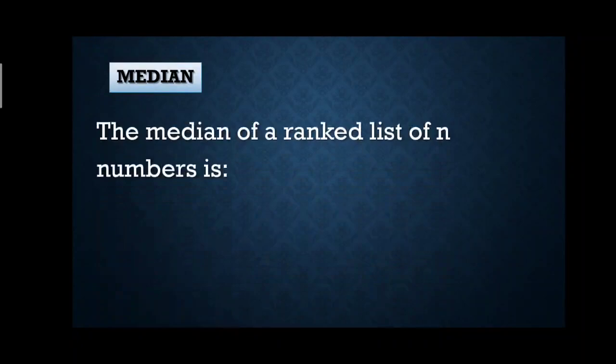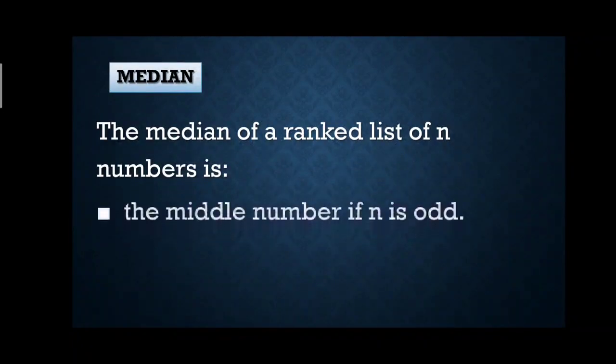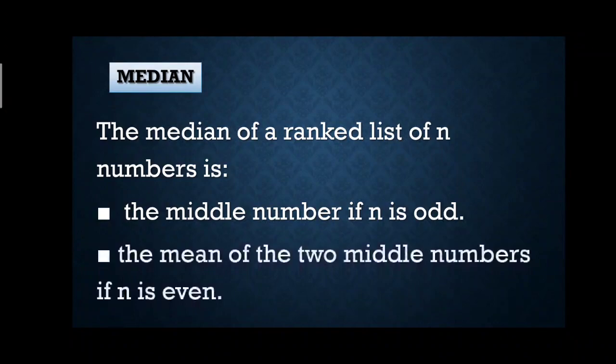Next, the median. The median is a middle number. The median of a ranked list of n numbers is the middle number if n is odd. So if the value of n is odd, all you have to do is get the middle number. What if n is even? Then the median is the mean of the two middle numbers.